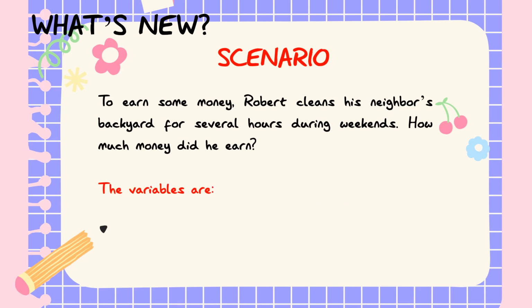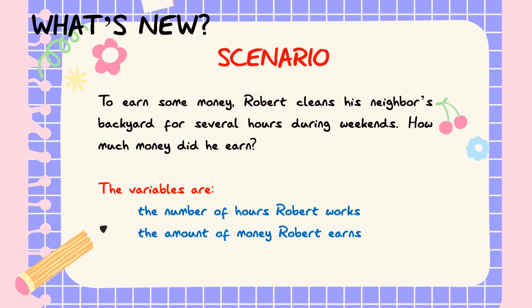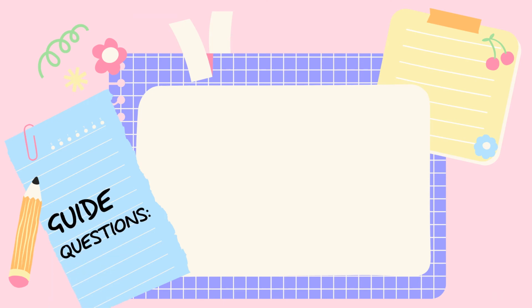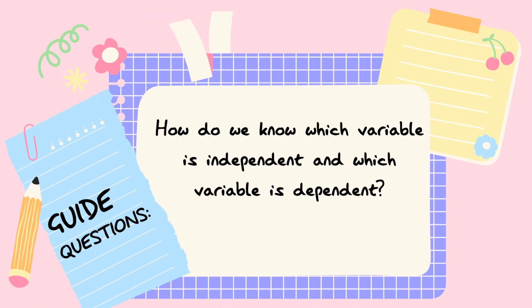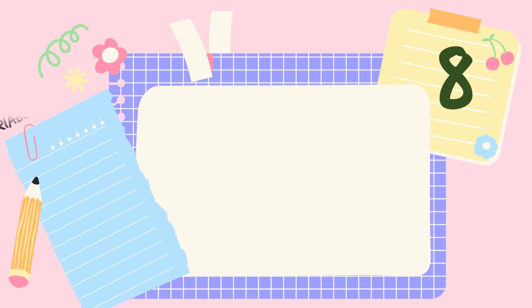So the variables are the number of hours Robert works and the amount of money Robert earns. So let's have some guide questions. How do you know which variable is independent and which variable is dependent? So we must know the definition first.